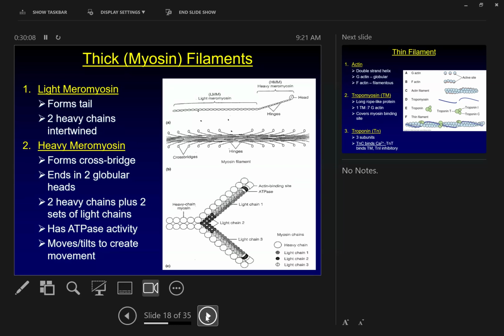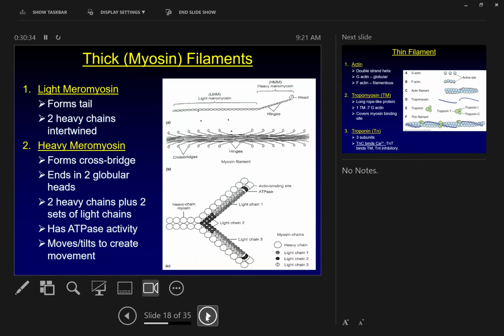But what I want you to appreciate about the head region of myosin is that there are multiple different kinds of little proteins and molecules there. Okay. The myosin heavy chain is important because this is the thing that we grab with an antibody and stain to figure out, is it a fast twitch fiber?